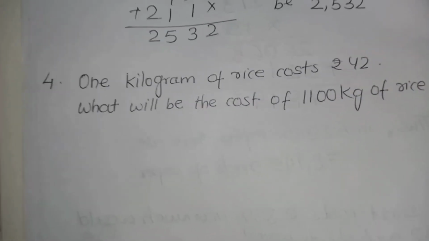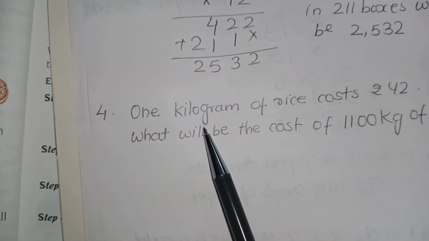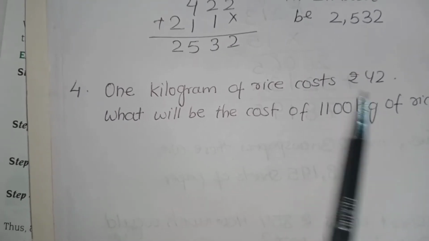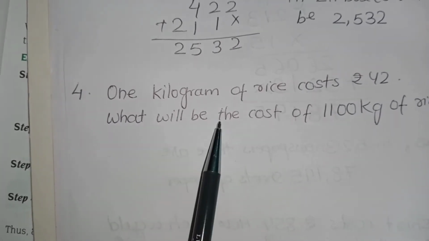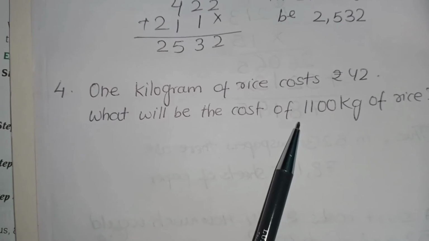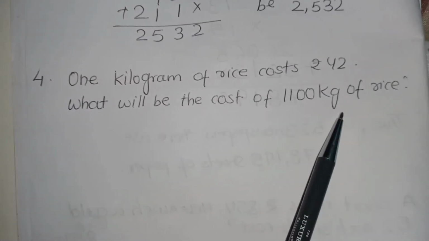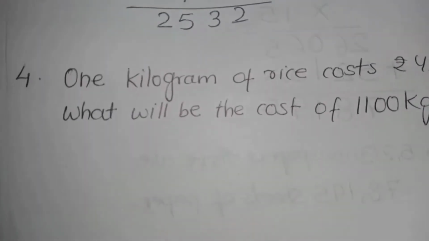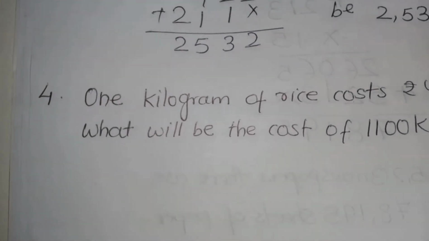Question number 4. 1 kilogram of rice costs rupees 42. What will be the cost of 1100 kg of rice? So in this question they have given the cost of 1 kg of rice.